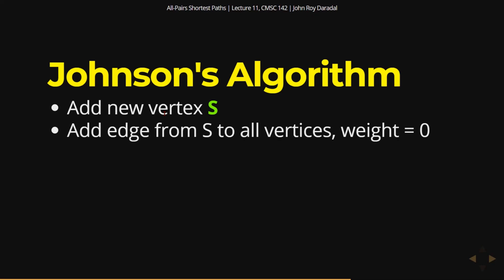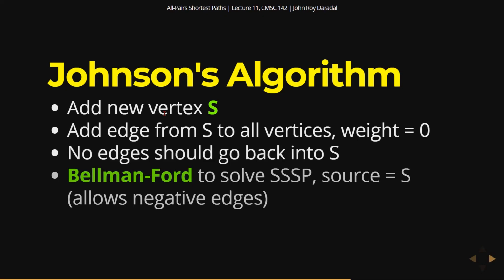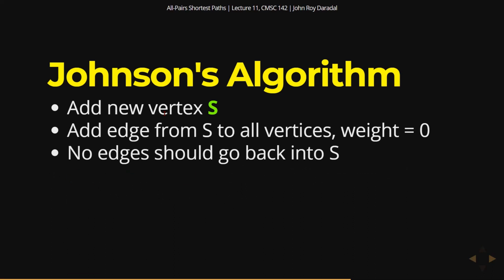Okay, so from this new vertex, you add an edge from S to all the other vertices with weight equal to 0. So you're not actually affecting the shortest paths because anyway the weight is 0, right? So you could freely pass through these edges. And take note that edges should only go out from S, not go back in.